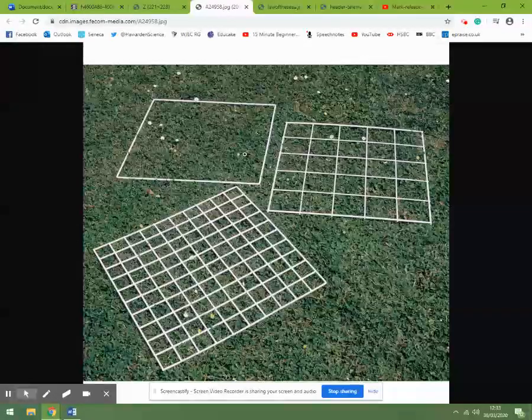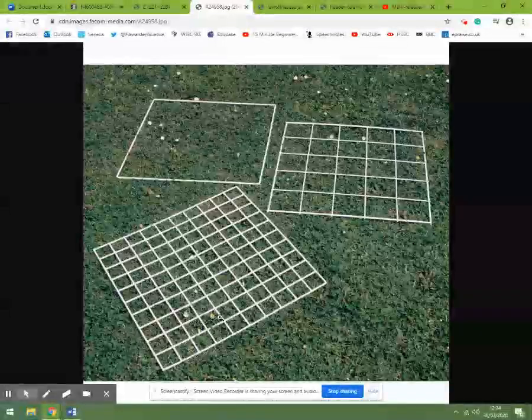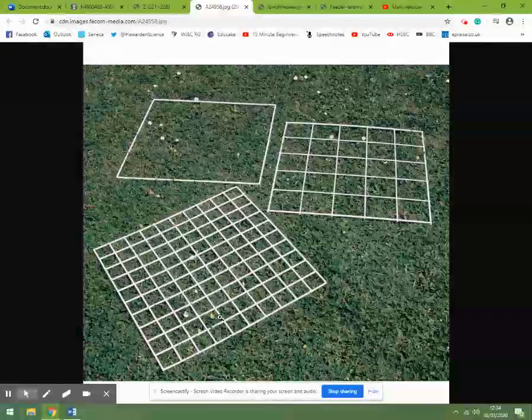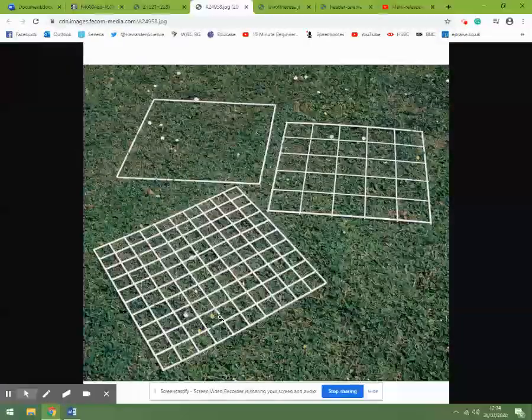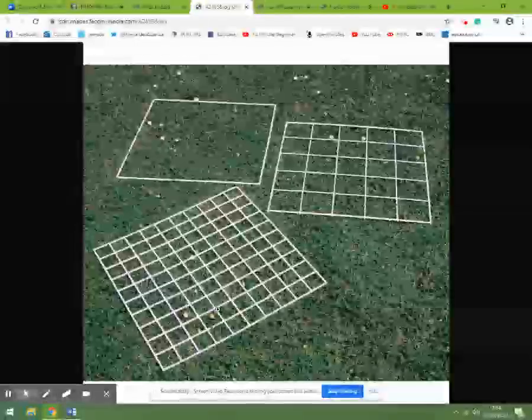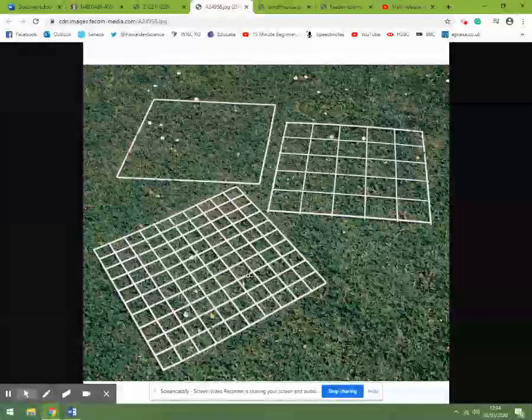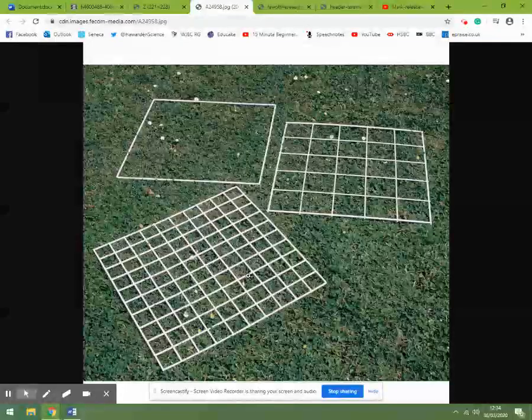Count the species you're looking for. So you might be looking for daisies, or dandelions, or buttercups. Then log that and move on to your next sample, your next coordinate, and you keep going until you've collected sufficient data. Then using that data, you get an average number of plants per quadrat.